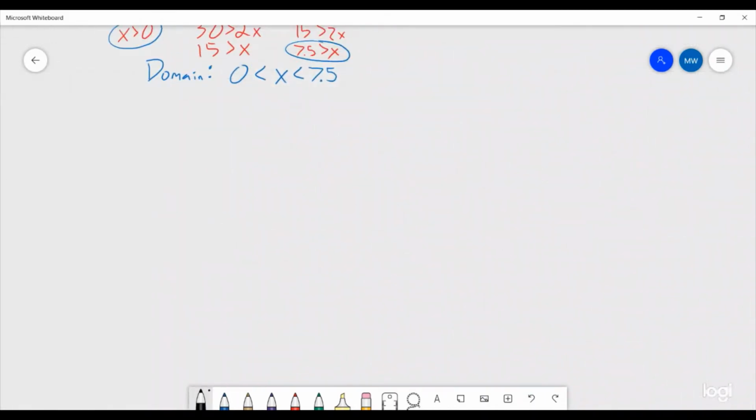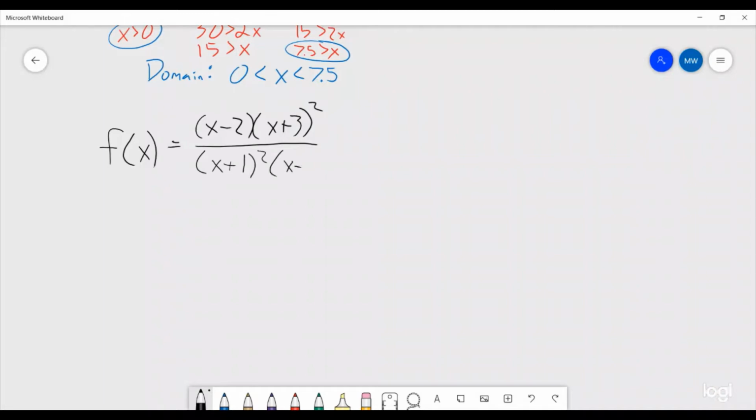So let's say that we are dealing with a function f of x is equal to (x minus 2)(x plus 3) squared, all over (x plus 1) squared times (x minus 2).